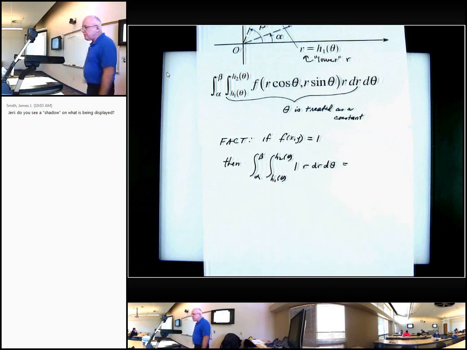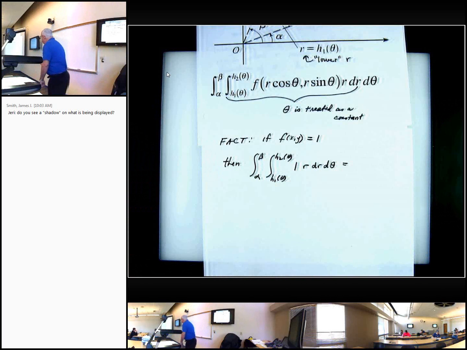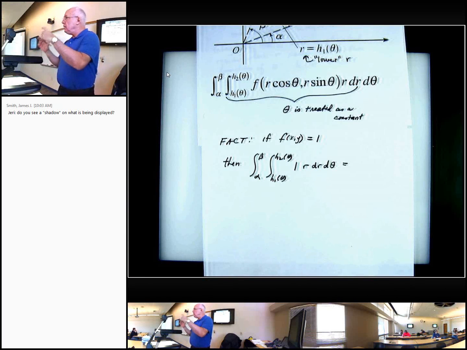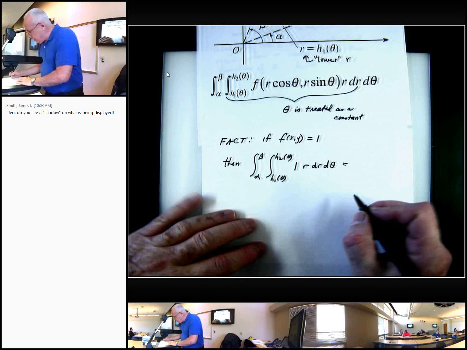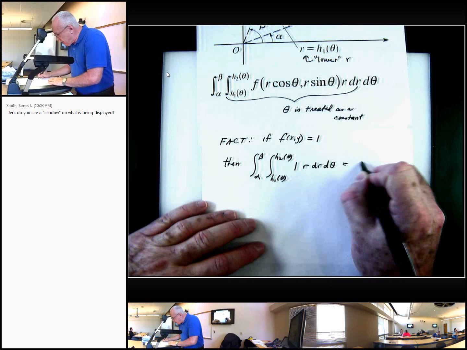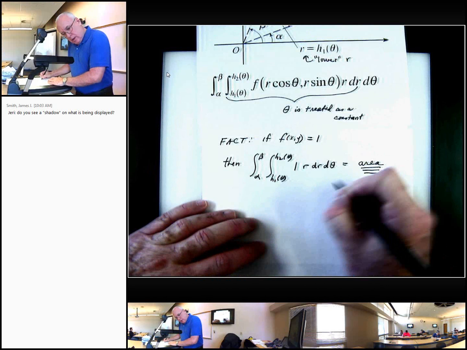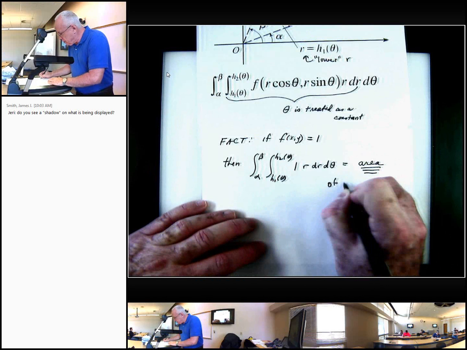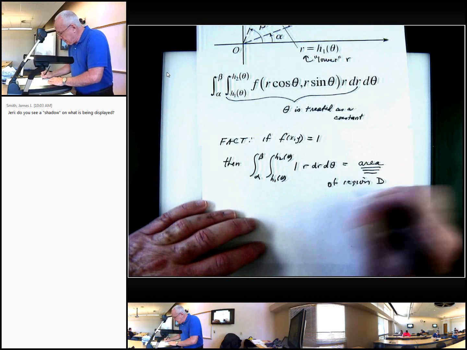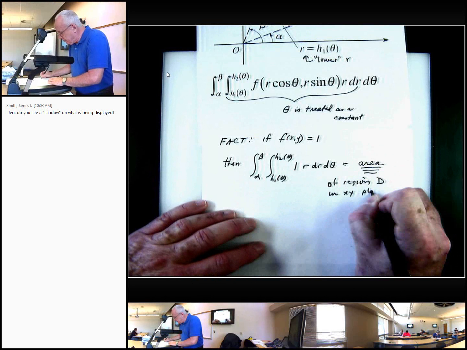What this turns out equaling is just the area of this region between those two curvy lines for r. So this equals the area of the region D in the xy plane.